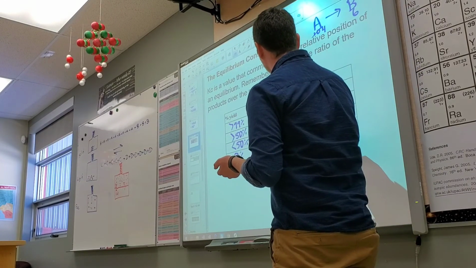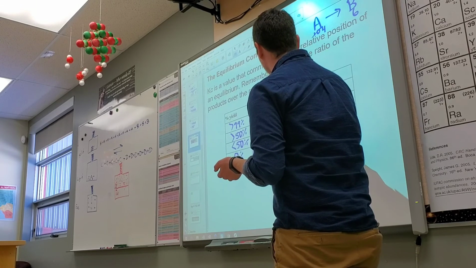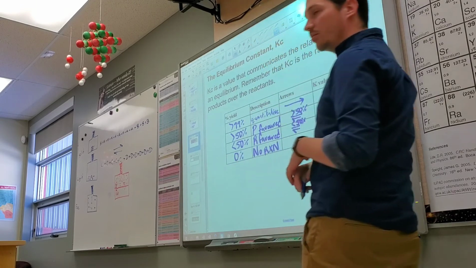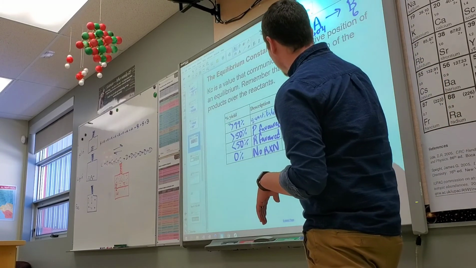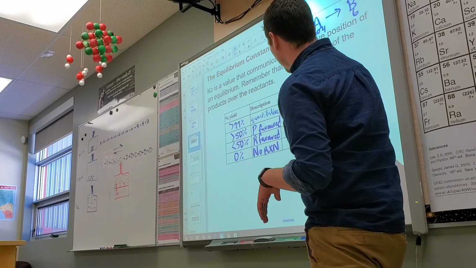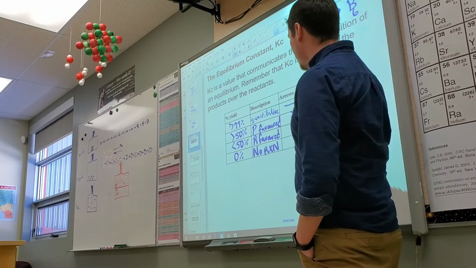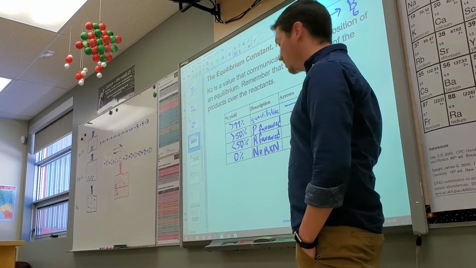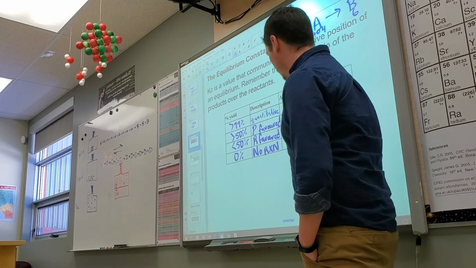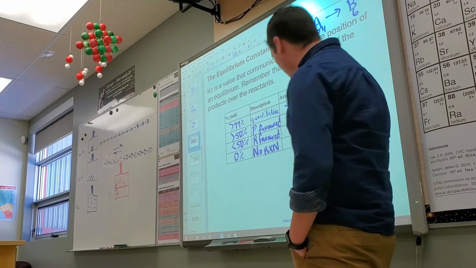Greater than 50%. Less than 50%. Sorry, it's all kind of blurring together. And for no reaction, we typically just don't use an arrow. Maybe I should put no arrow, whatever. It'll be pretty obvious.